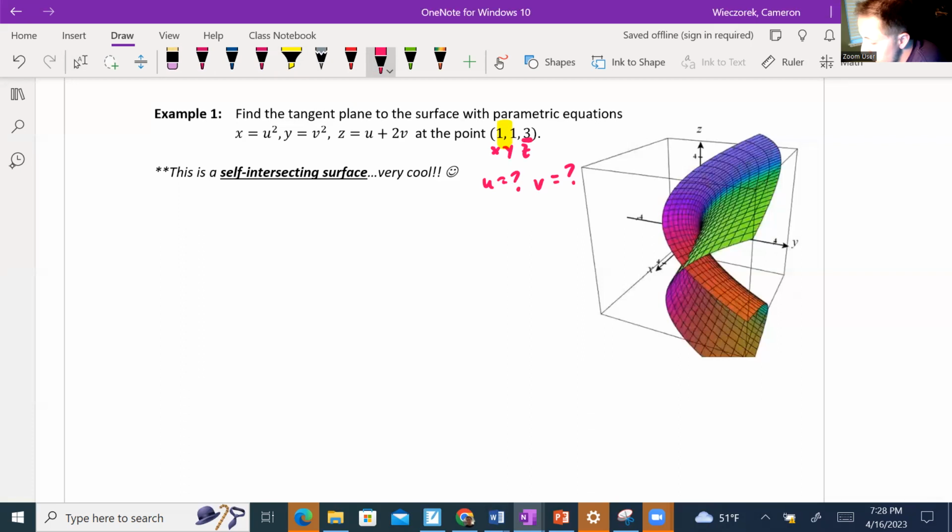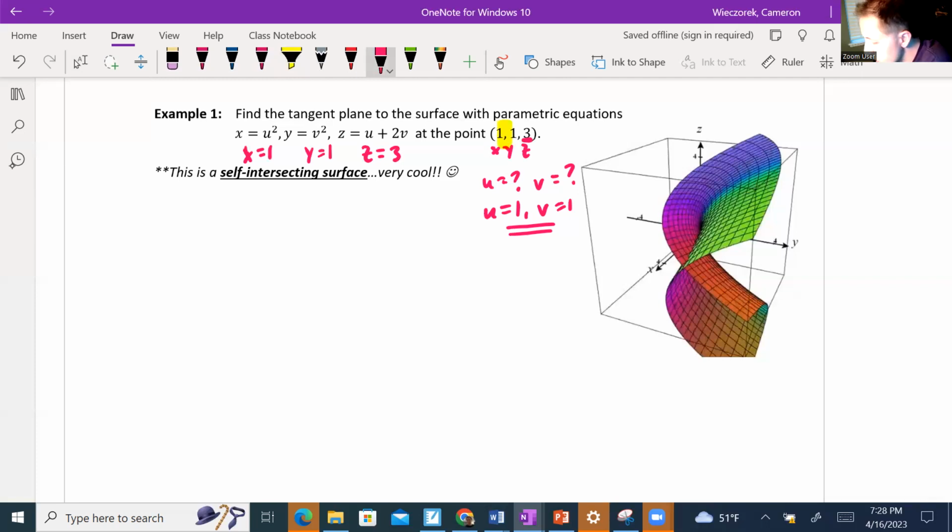If u and v were both negative, you would end up getting the point (1, 1, -3). So u and v can't both be negative. In this case, we want u equals 1 and v equals 1 to give us x equals 1, y equals 1, and z equals 3. So you have to be careful about that. This gives us the u and v values we're going to be evaluating at.